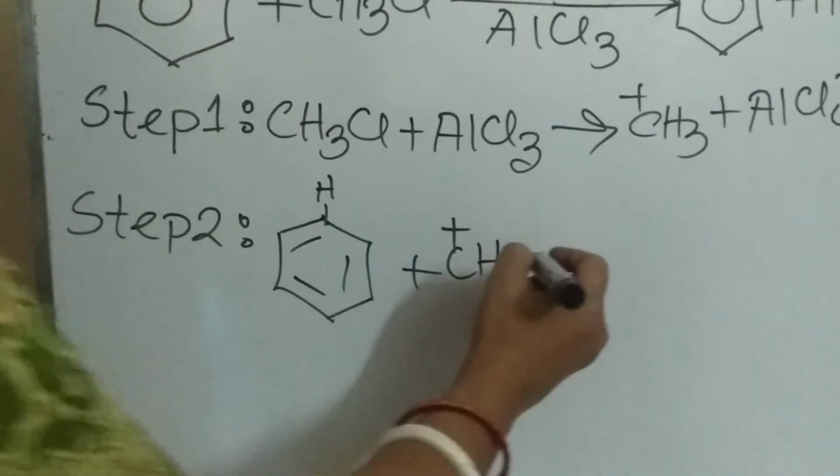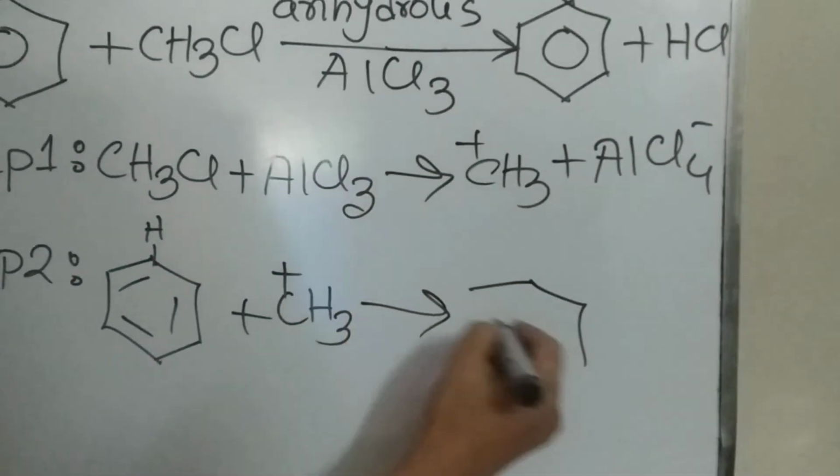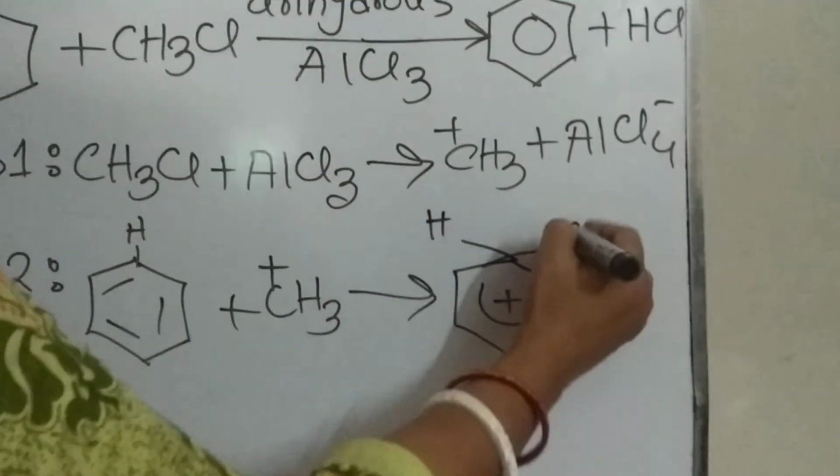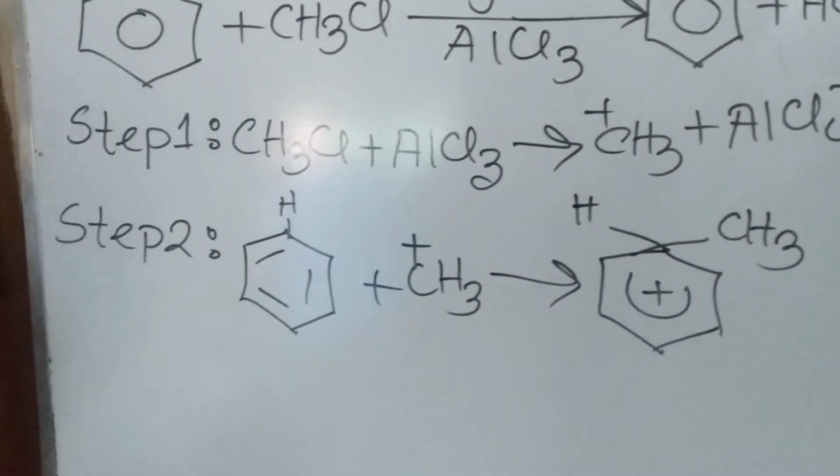So benzene forms an unstable ion by joining with that.